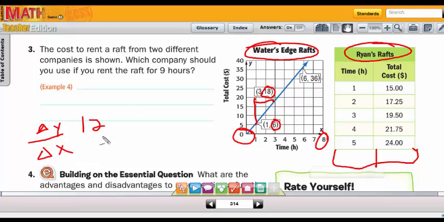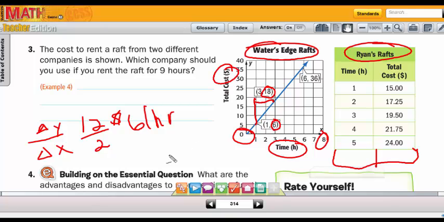So change in x is 2, and our slope is 6. In other words, we're going to be charged $6 per hour. Recognize that that's in our table here. We have hours and we have dollars, so it's $6 per hour for Water's Edge.